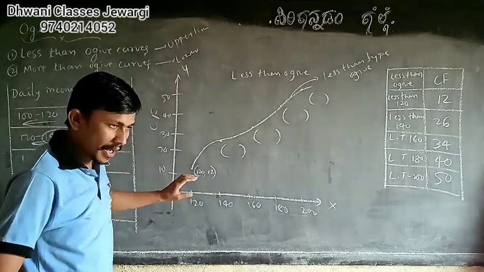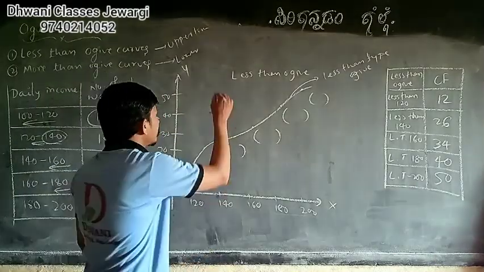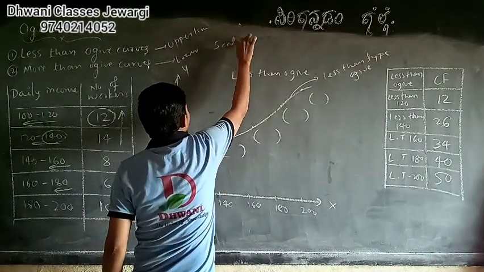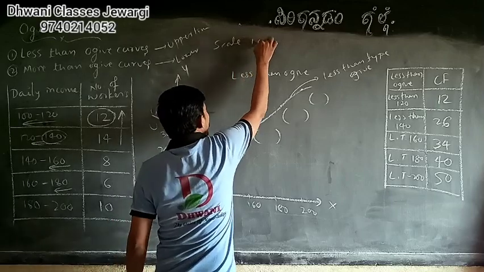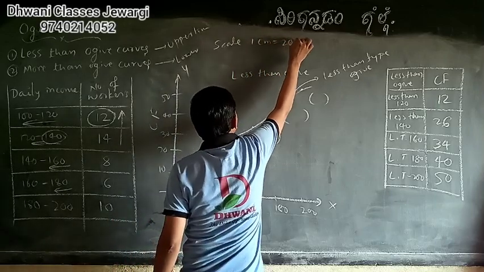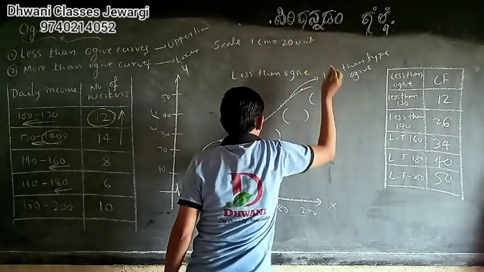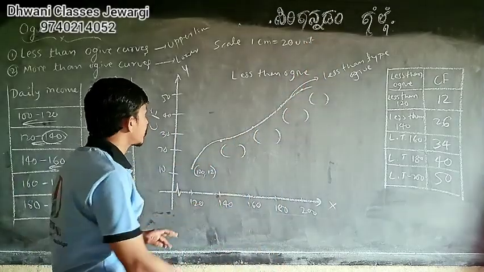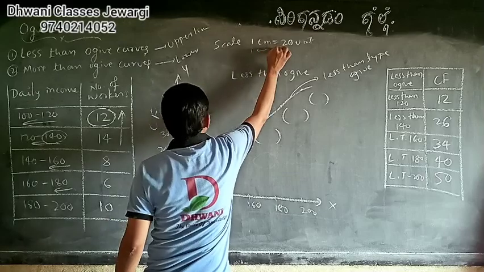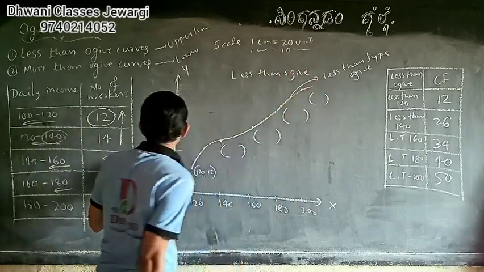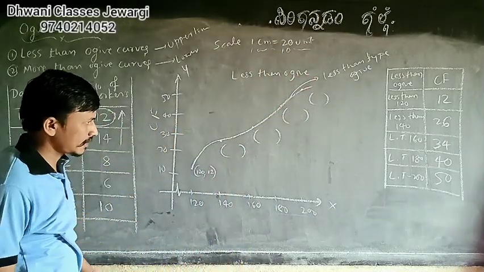Next we need to write the scale here. What is the scale here? Scale 1 centimeter is equal to 20 units along the x-axis and 1 centimeter is equal to 10 units along the y-axis.